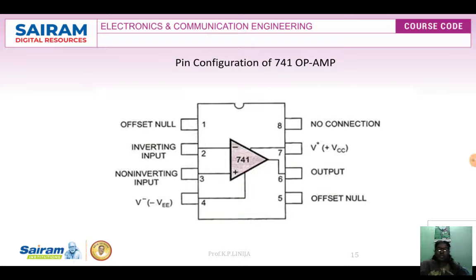Here, pin number 8 is no connection, and pins 1 and 5 are the offset null. So what do we mean by offset null connection? For what purpose are we using the term offset null? Let us see now.